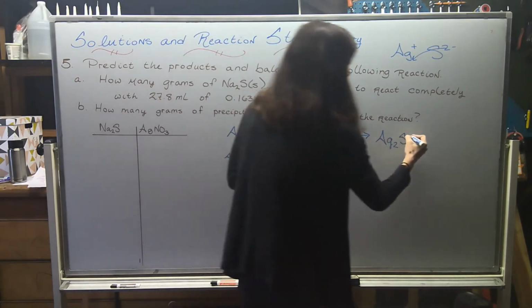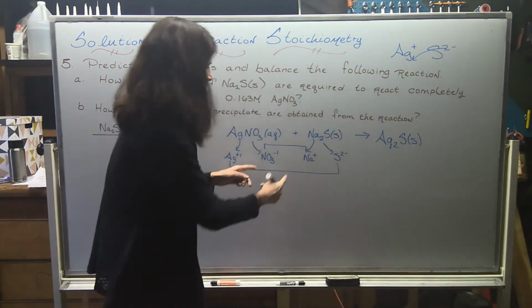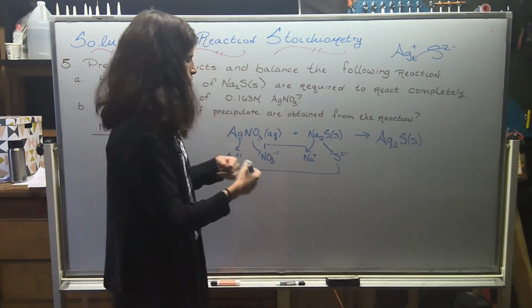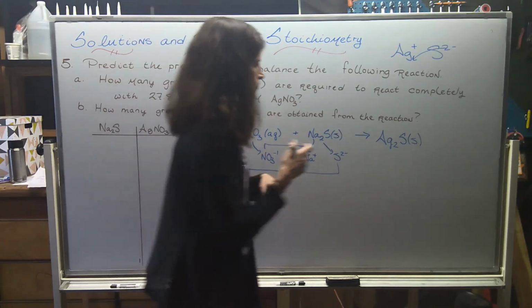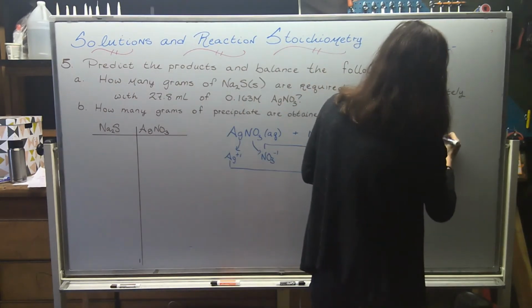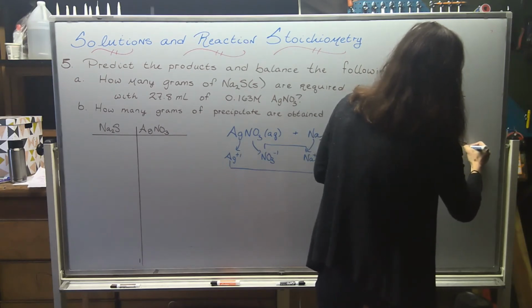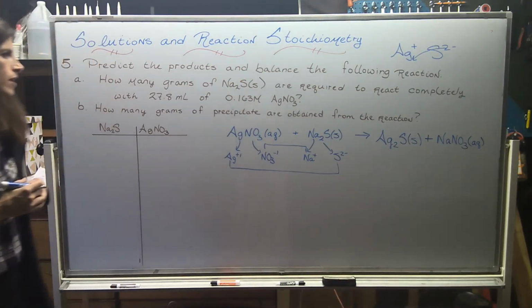So this is probably going to be my precipitate. And then for the sodium nitrate, it's +1 and -1. So the crisscross isn't too important. But I need to put the sodium first, in front. And both of those ions are associated with aqueous compounds. So I'll label that as aqueous.